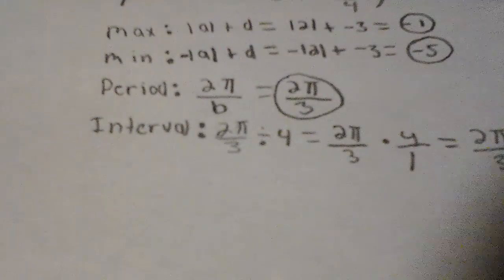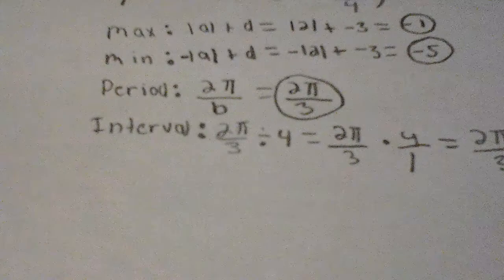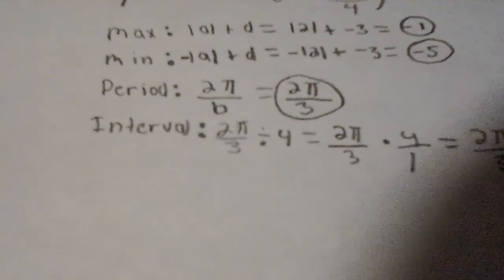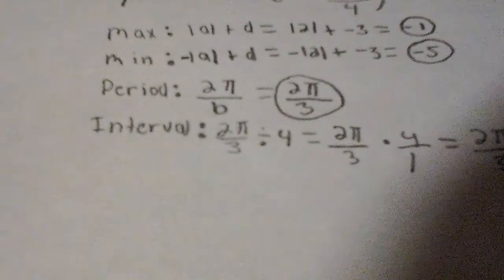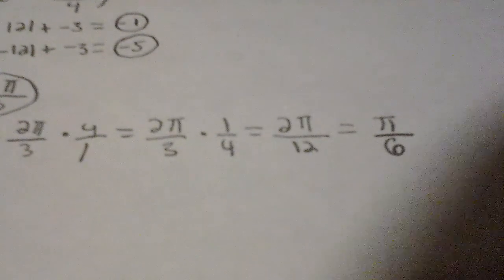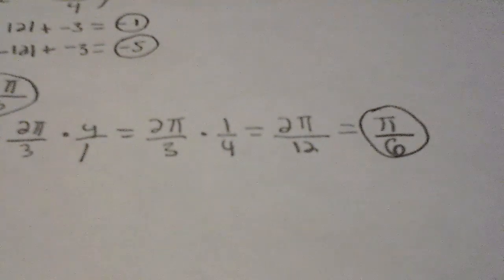Then my 2 pi will carry over. 3 times 4 is 12. That can be simplified to pi over 6. See? Pi over 6. That will be my interval.